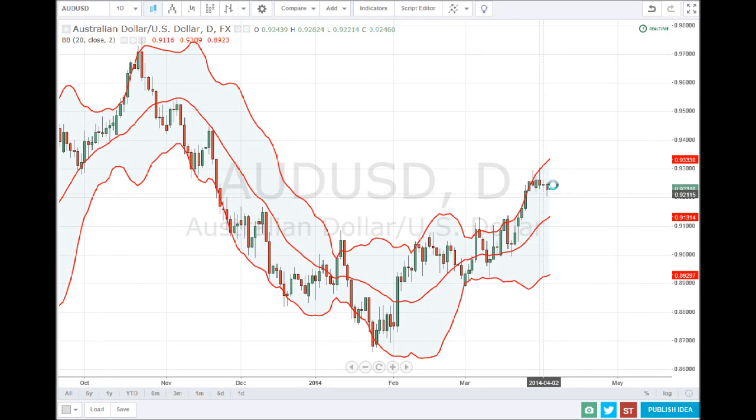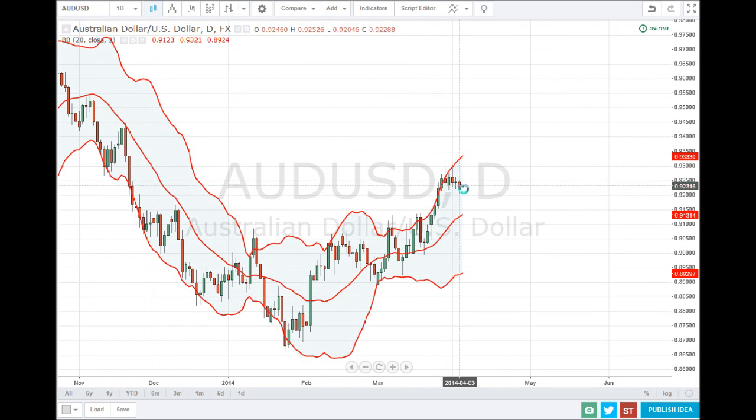This is current price of the Australian dollar, US dollar. This is today's price action. Price is still uptrending according to the Bollinger Band. Price is moving in between this upper and middle band.